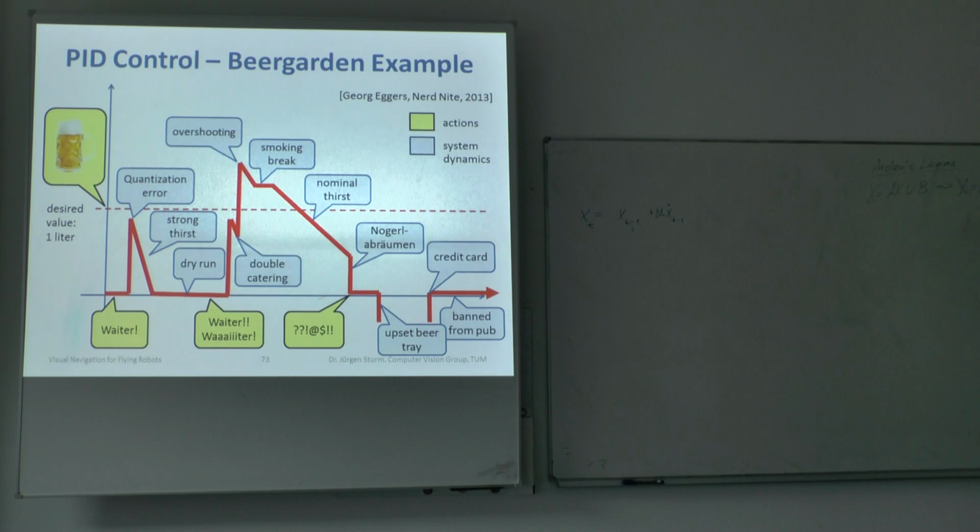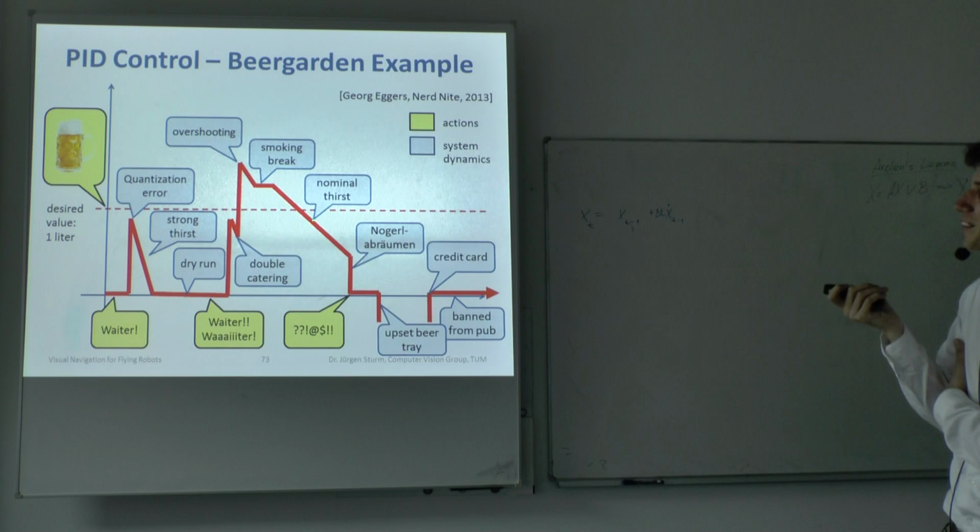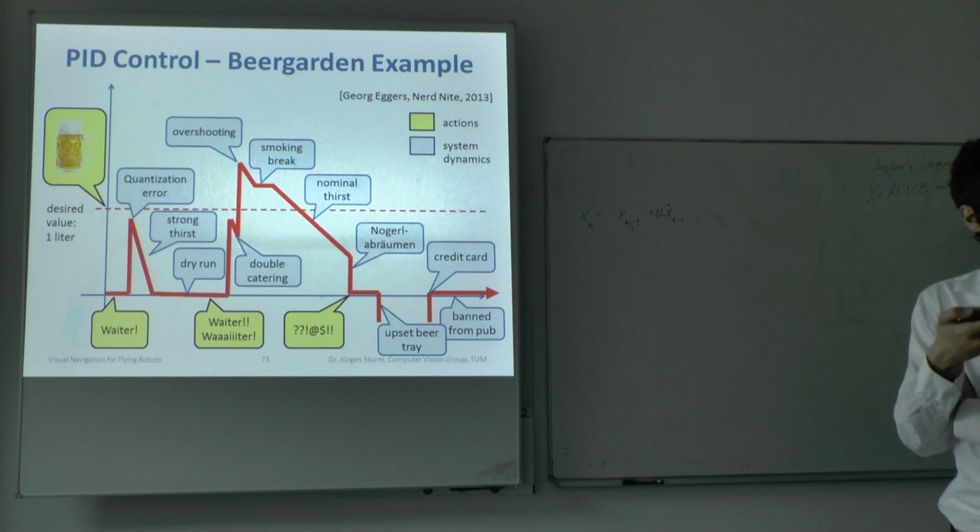You always want to have a beer next to you. In principle, you should start already here to order the next beer, because given the delays in the system, you might run into a dry run again. So yeah, that's a good point.